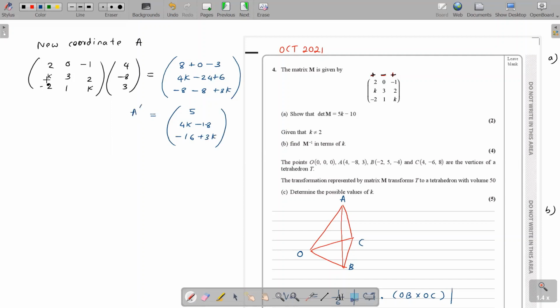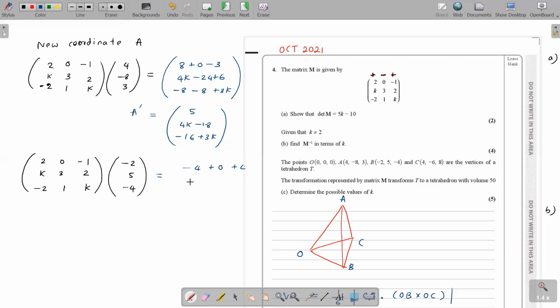Let's get the new coordinate B. The matrix is 2, 0, -1, k, 3, 2, -2, 1, k. The B coordinate is (-2, 5, -4). When you multiply, 2 times -2 is -4, 0 times 5 is 0, -1 times -4 is +4. Agreed?